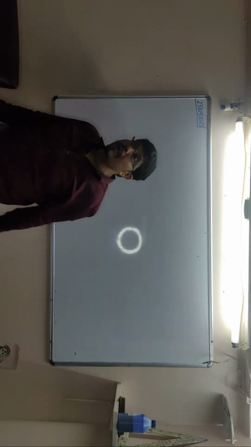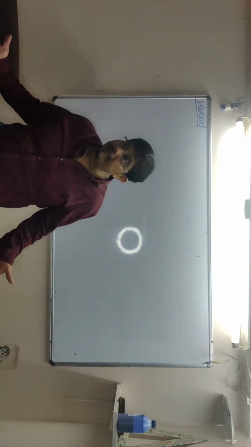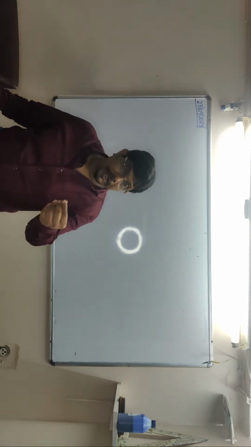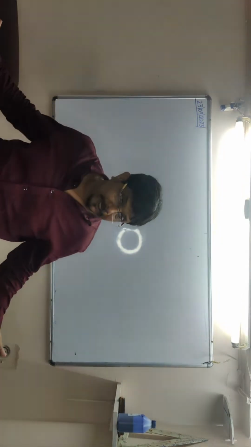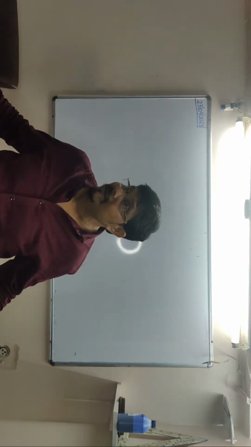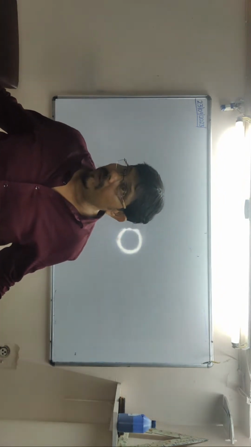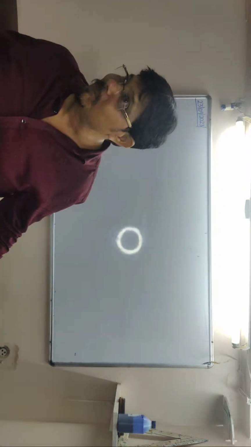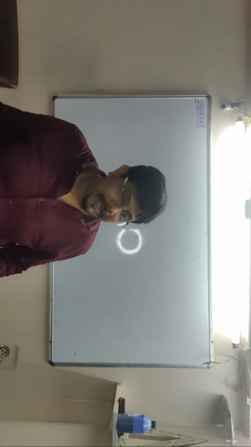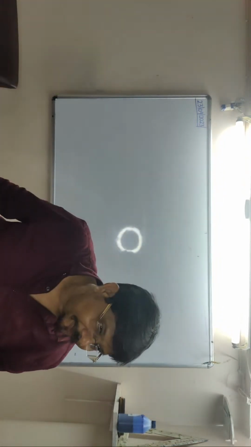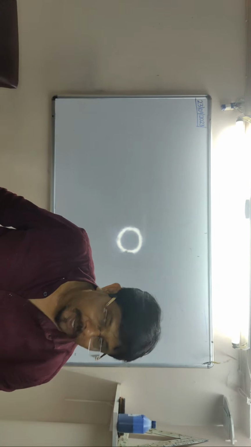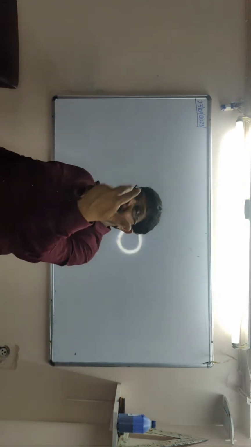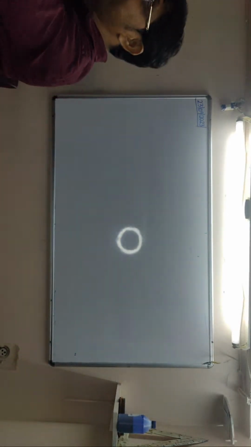Now you increase to 2 candela, maybe 500 per second. 3 candela, maybe 1000 per second. 4 candela, maybe 1 lakh per second. So what is intensity doing? Tell me, what is intensity doing? It increases the number of electrons ejected per second.